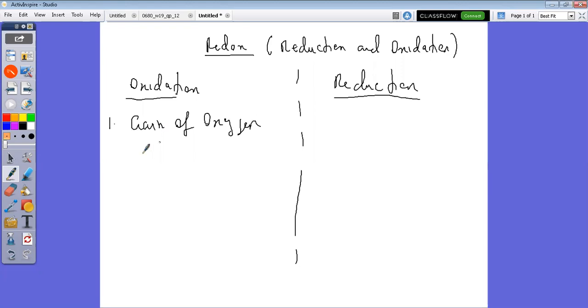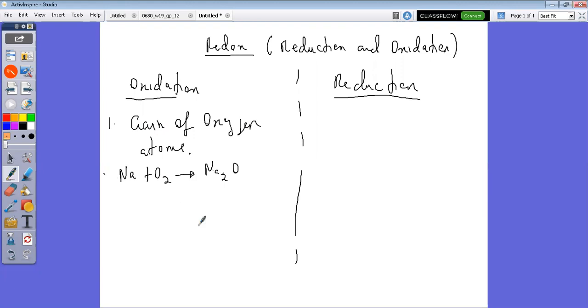For example, if you leave sodium metal exposed to oxygen, it will react with oxygen at room temperature and form sodium oxide.